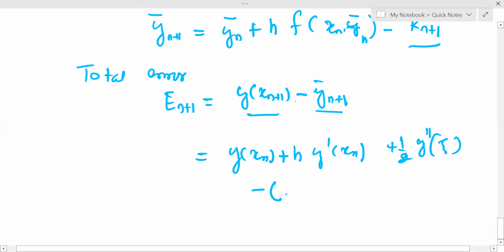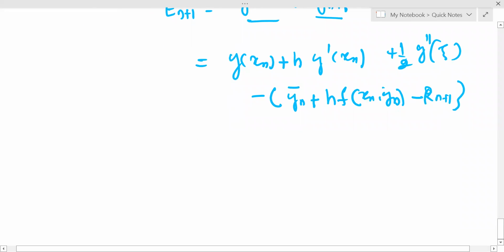The second value is minus yn bar plus h into f of xn, yn, minus Rn plus 1. Just we can subtract it. That is the total error we have to evaluate here.